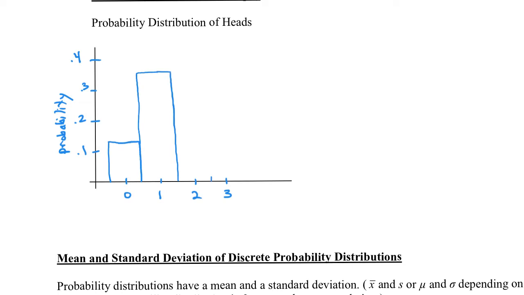The next one also 0.375. And then finally the third one, 0.125 again. So look what we're doing. We want these to be evenly spaced so the graph looks neat. We still need to say what this is. So I'm going to put down here number of heads.